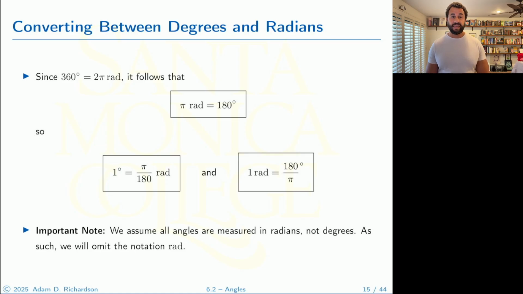So if you ever see an angle, you assume that it is given in radians, unless it is specifically denoted with the degree symbol, that little circle. And again, we're going to see why in just a minute. Because of this, we're going to omit the notation rad most of the time. Long story short, if you ever see an angle, you assume that it's a radian measure and not a degree measure, unless it's explicitly called degrees.